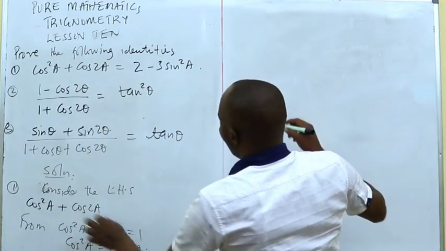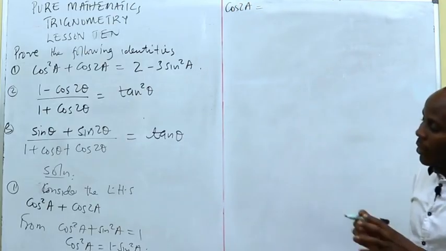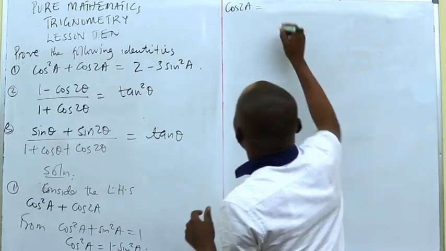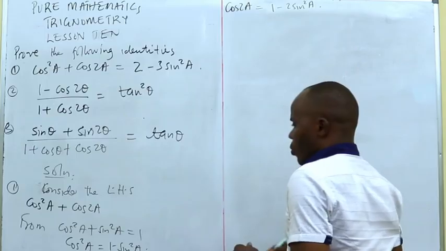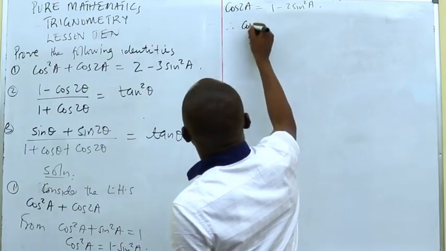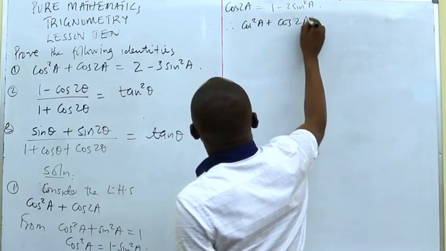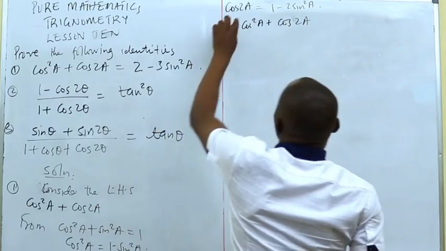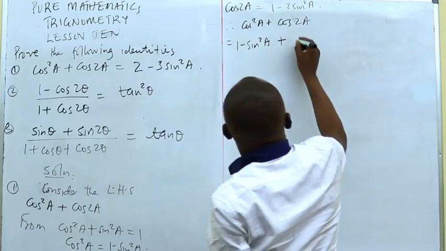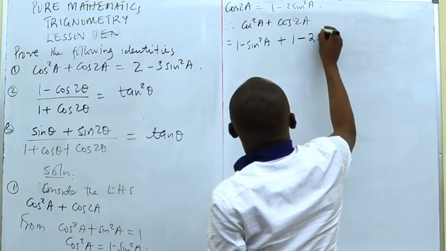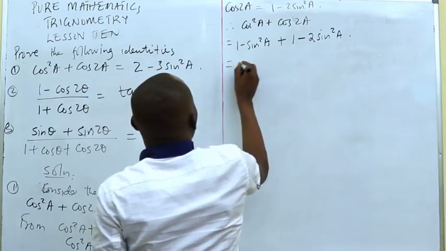You also deal with the cos 2A, that is a double angle. We discover that cos 2A in terms of sine is 1 minus 2 sine squared A. So with those two, cos squared A plus cos 2A is 1 minus sine squared A plus 1 minus 2 sine squared A. You have 1 plus 1, that gives you a 2.